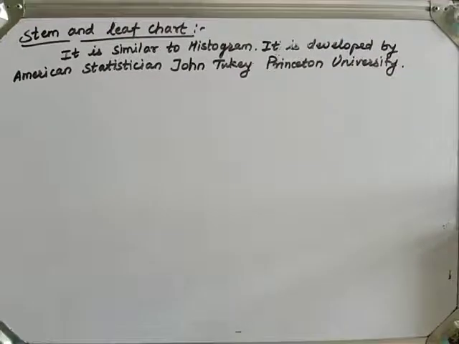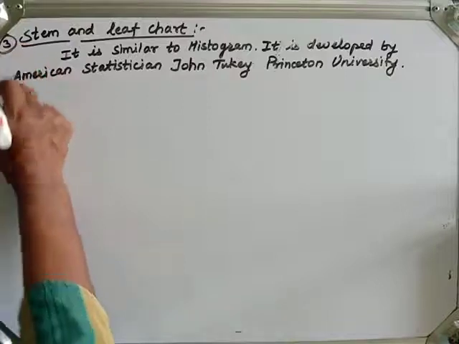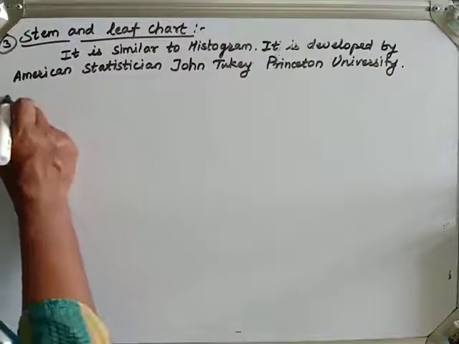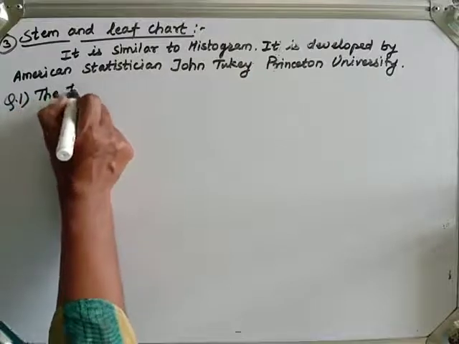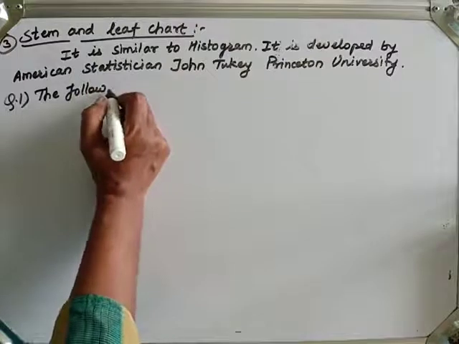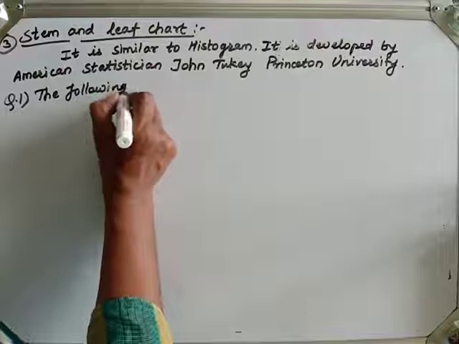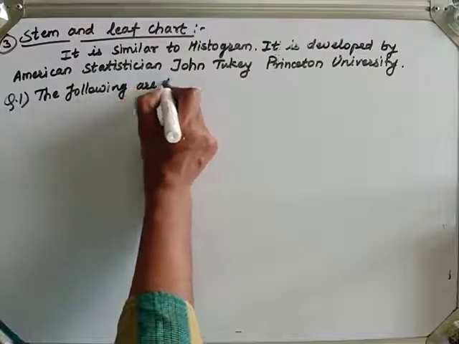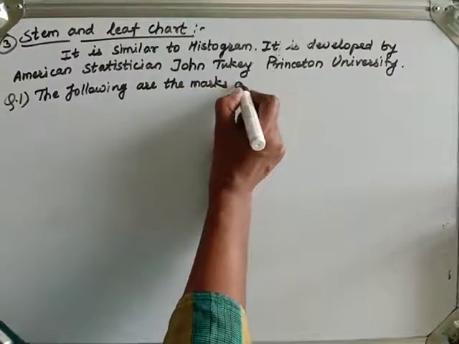Now let us try to understand this one using an example. So question 1, suppose the question says that the following are the marks obtained by students in a class, draw a stem and leaf chart for them.